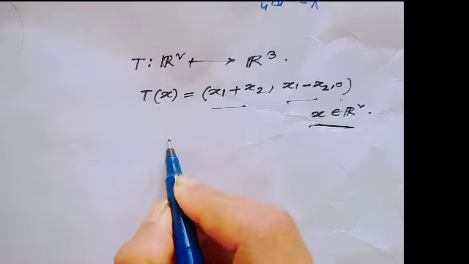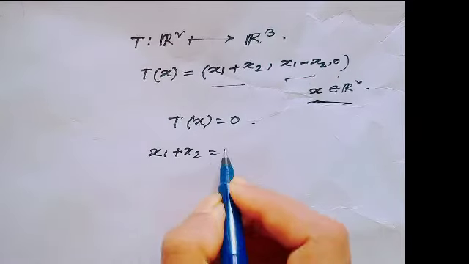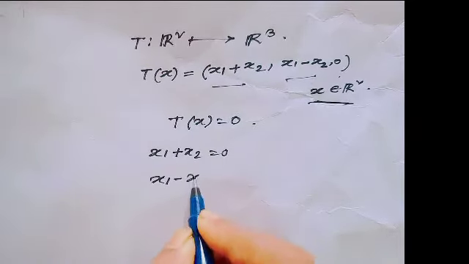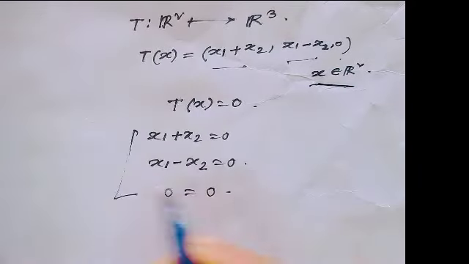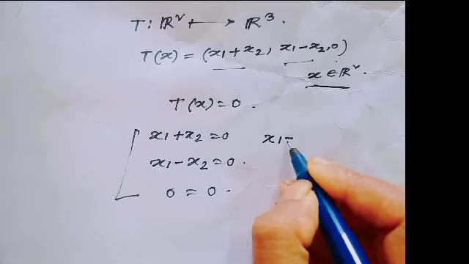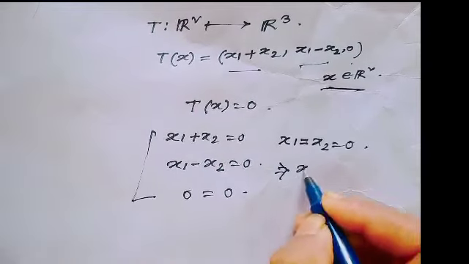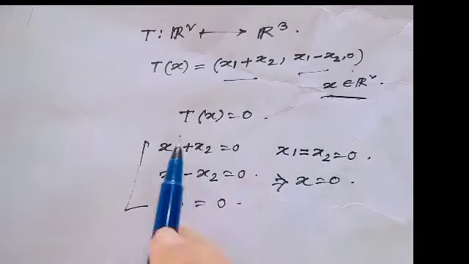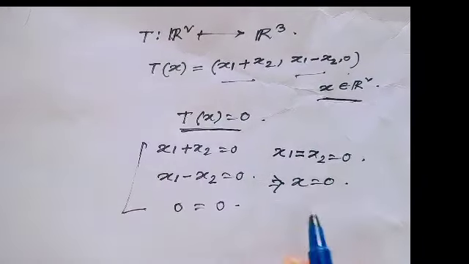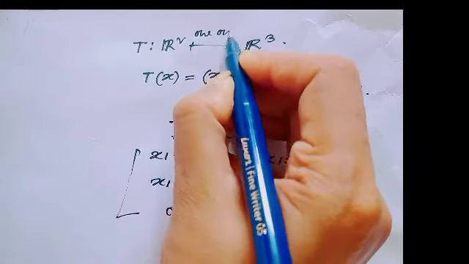To check it, consider Tx equals 0. Then x1 plus x2 equals 0, x1 minus x2 equals 0, and 0 equals 0. From this it implies x1 equals x2 equals 0. That means x equals the zero vector. Therefore Tx equals 0 implies x equals 0, so this transformation is 1-1.